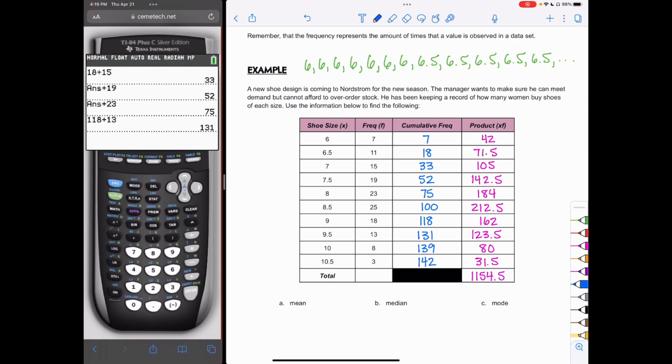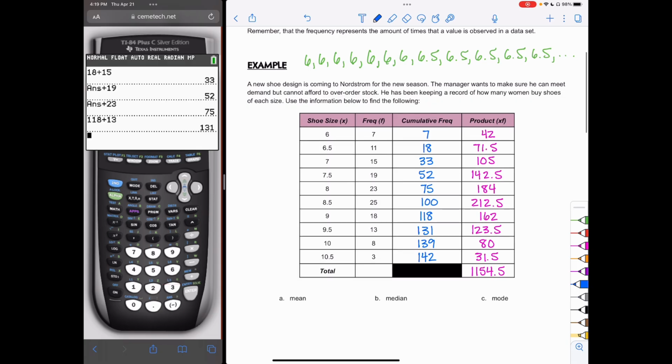Now that I know that's my cumulative frequency, I'm going to find out what my total is by doing it the old school way, by adding my frequencies up.